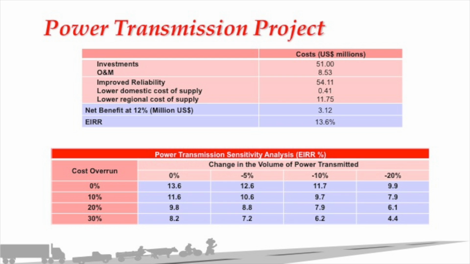Lower domestic cost of supply and lower regional cost of supply. So when we add these and subtract the two, we should get something discounted, of course. This is now discounted at 12%. You get a net benefit of 3.2, with an economic rate of return of 13.6.